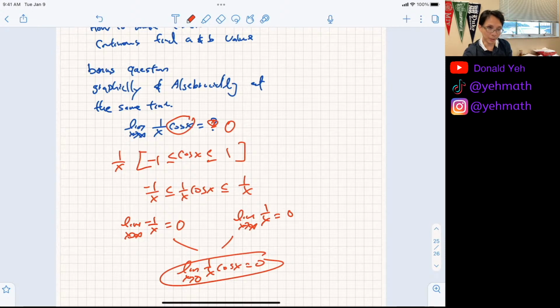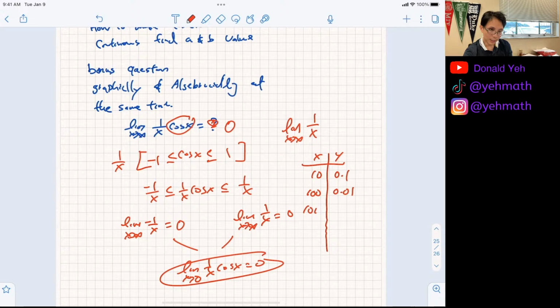That's a good question. Limit x approach infinity of 1 over x. Think about it. If I plug in 10, it's 0.1. 100, 0.01. 1,000, 0.001.